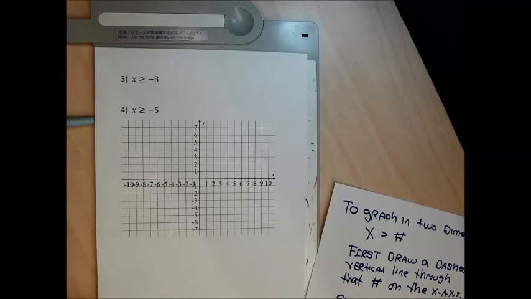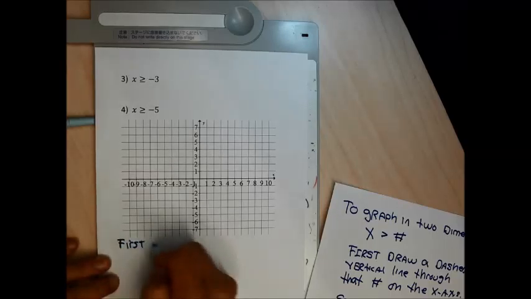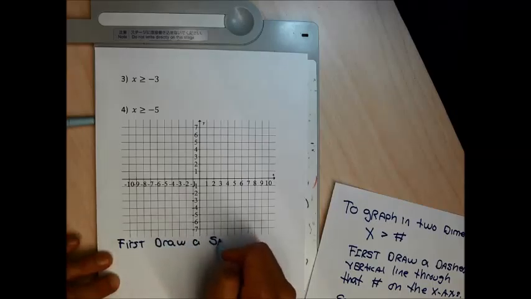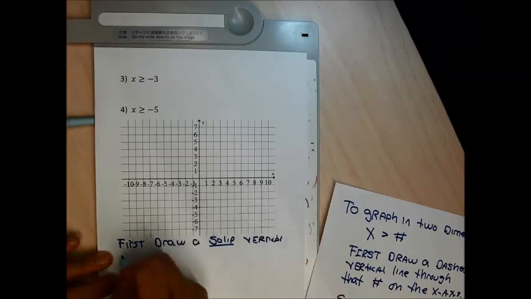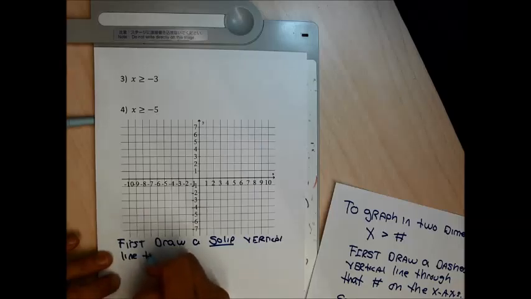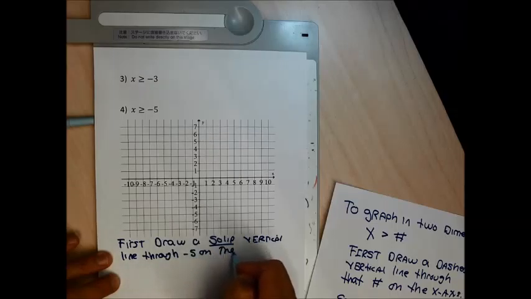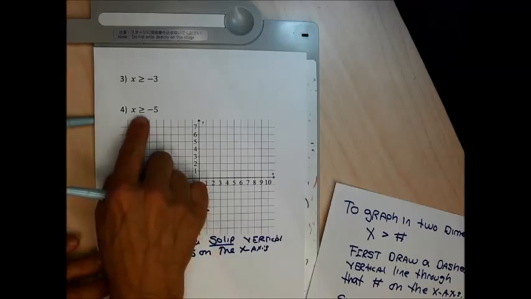I will first draw a solid as opposed to a dashed vertical line through -5 on the x-axis. And this will be a picture of every point that has an x coordinate equal to -5.